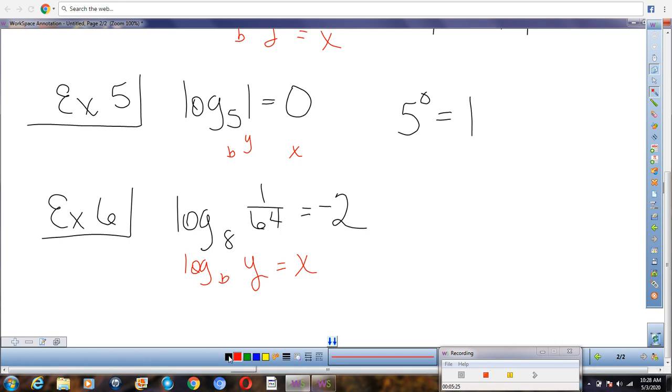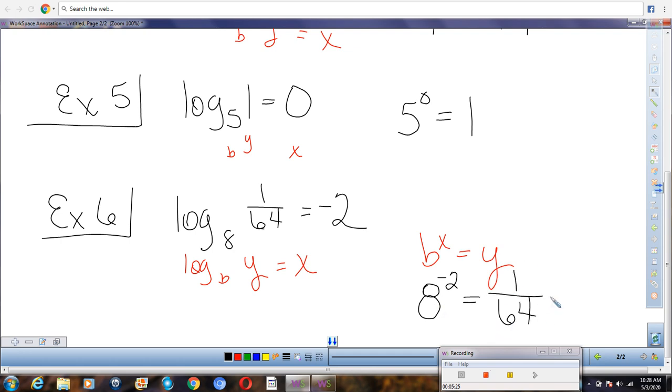We're going to write this in exponential form, which is b to the x equals y. So in this case, our b is 8, our exponent is -2, and our y value is 1 over 64. Again, this is a true statement. A negative exponent would move this 8 to the denominator and square it. We would get 1 over 64.